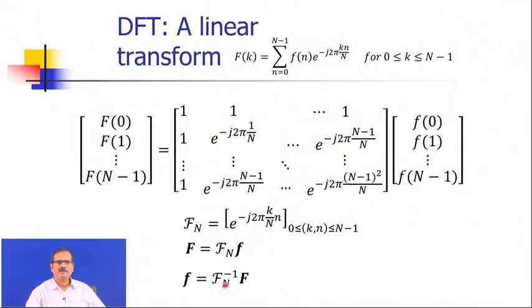The inverse transform will naturally be obtained if I take the inverse of F n and multiply with the transform vector, and we will get back the column vector once again.